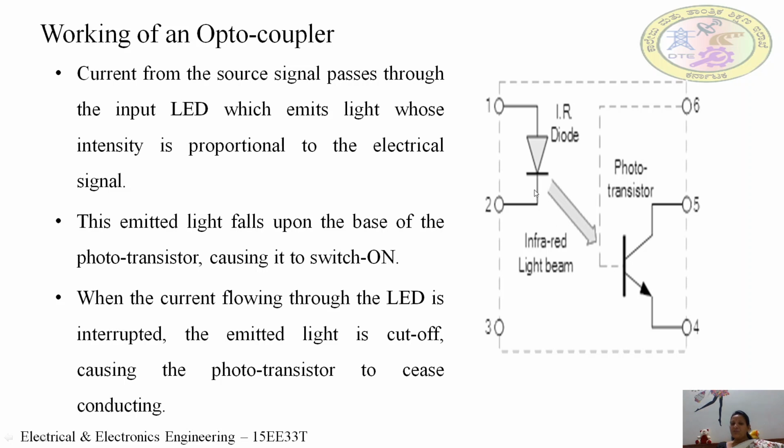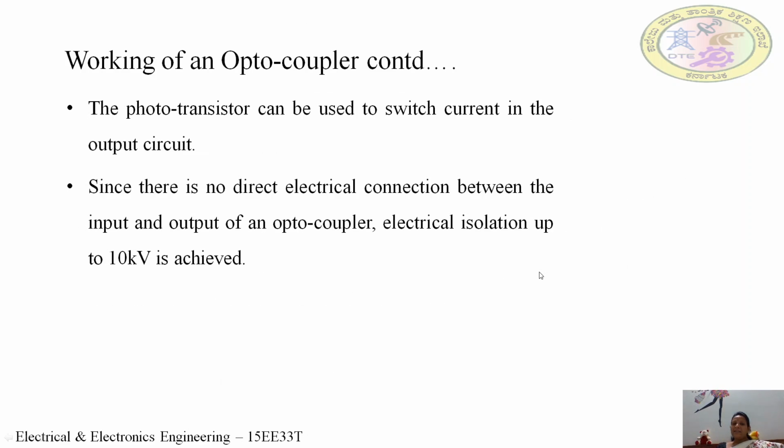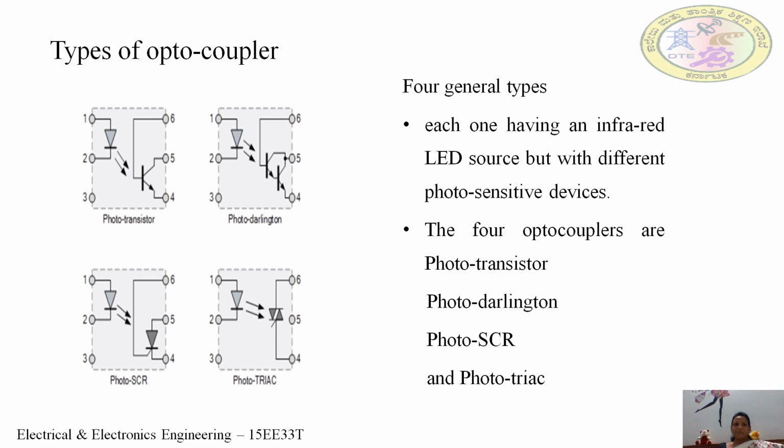They are electrically separated or isolated. Since they are electrically isolated, electrical isolation up to 10 kilovolts is achieved. So up to 10 kV of electrical isolation can be achieved with the help of an optocoupler.